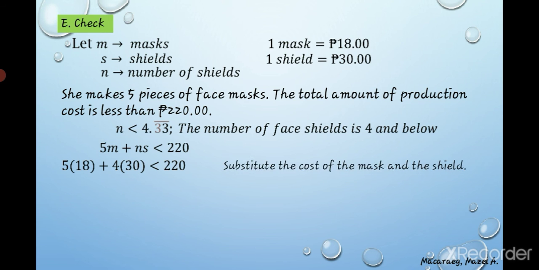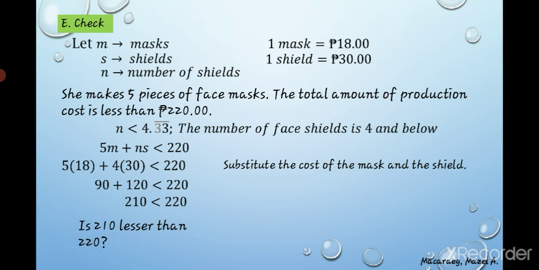Then, after substituting, we now simplify. 5 times 18 is 90. 4 times 30 is 120. 90 plus 120 is 210. Is 210 less than 220? Yes. Therefore, our answer is correct.